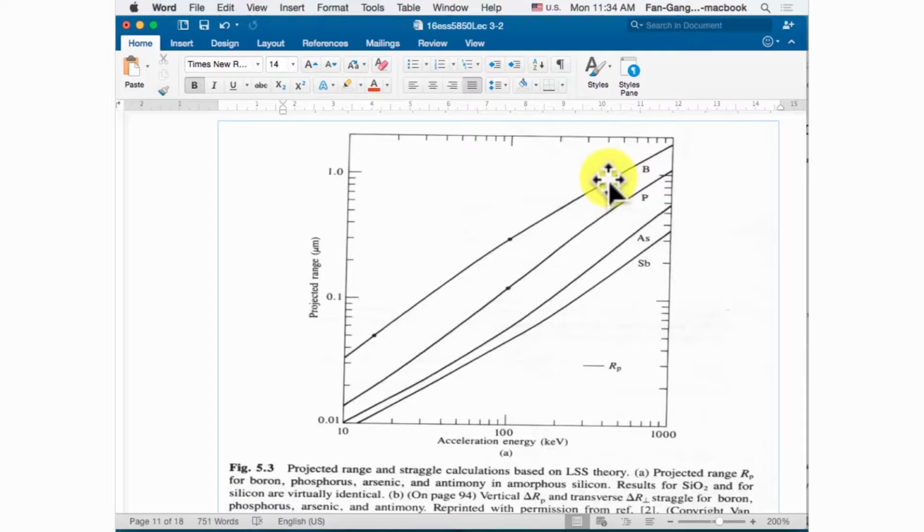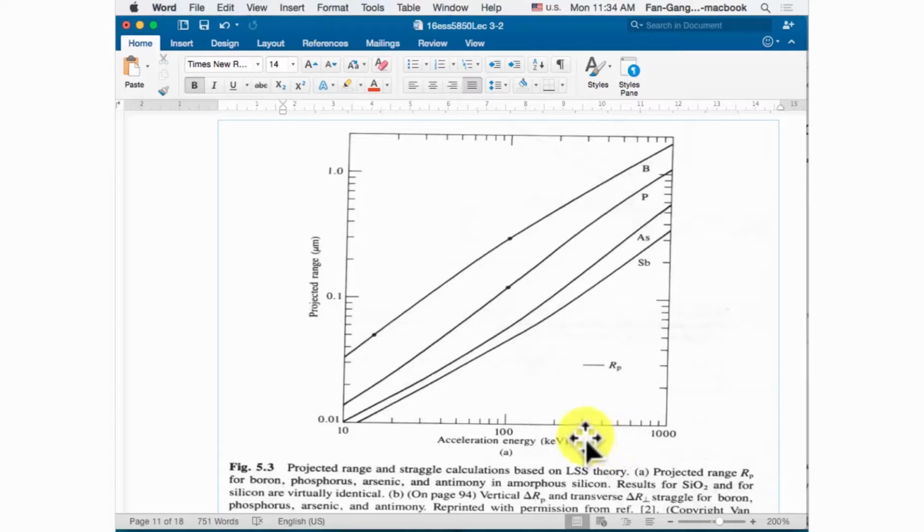It's a lighter material, a lighter atom. Compared to arsenic, which can go into only like a 0.2 micron in depth. Okay? So lighter material can go deeper, using the same energy. Okay? And also, when you increase the energy, all the atoms can go deeper.